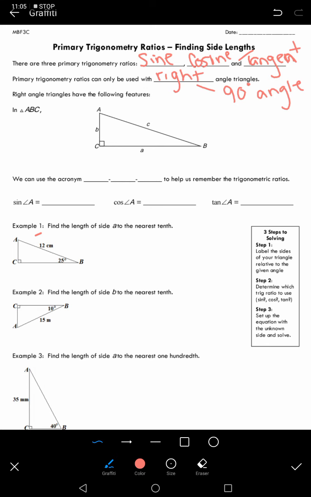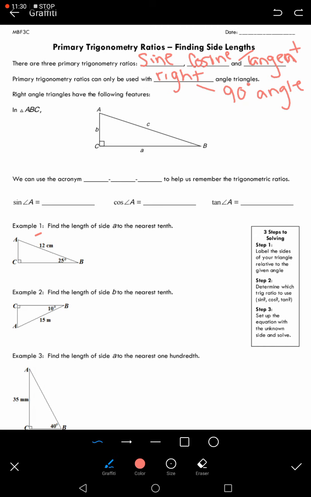So right angle triangles have a couple different features here. The first thing is they obviously have a right angle, which we can see here on C with that little square. We can see that that's our right angle, so we know that we can use our trigonometric ratios here. The next thing is being able to actually label those sides.